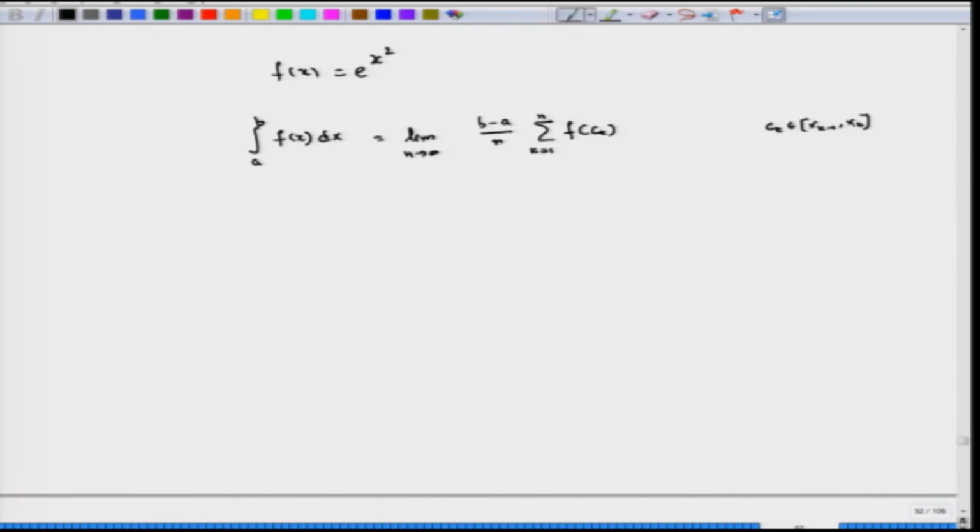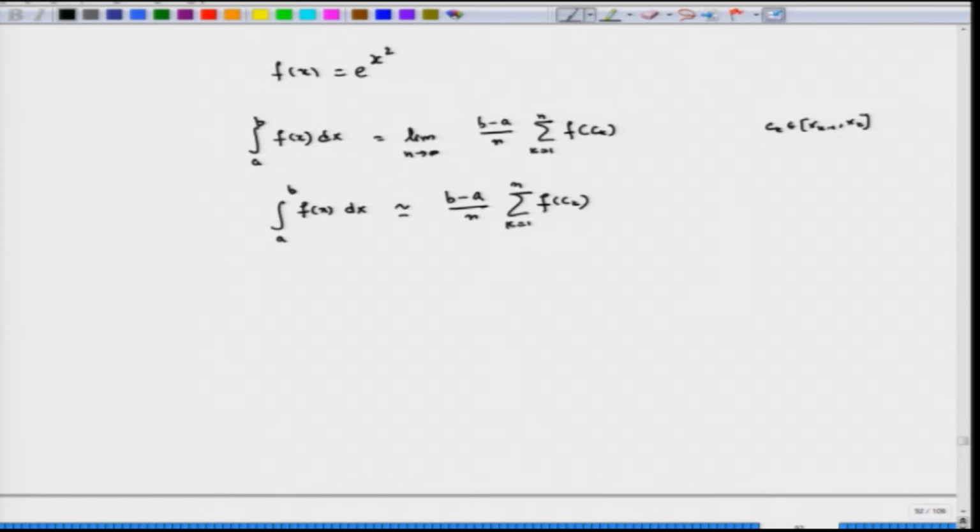We have all the liberty to choose the c k. Now, in a sense, the limit means that for large n, the integral of f of x dx is pretty close to (b minus a) by n times the sum, and this is what approximates our integral.